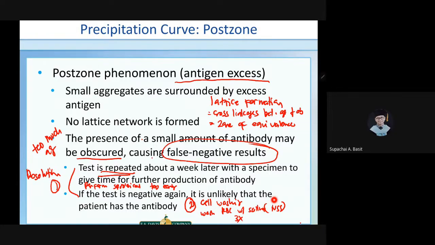So there should be cell washing so that we remove excess antigen. Cell washing is most likely the one we usually use in blood banking, for example in blood typing. But if you perform a serological test too early, meaning your patient hasn't developed antibodies yet, most likely it will result in a false negative result.